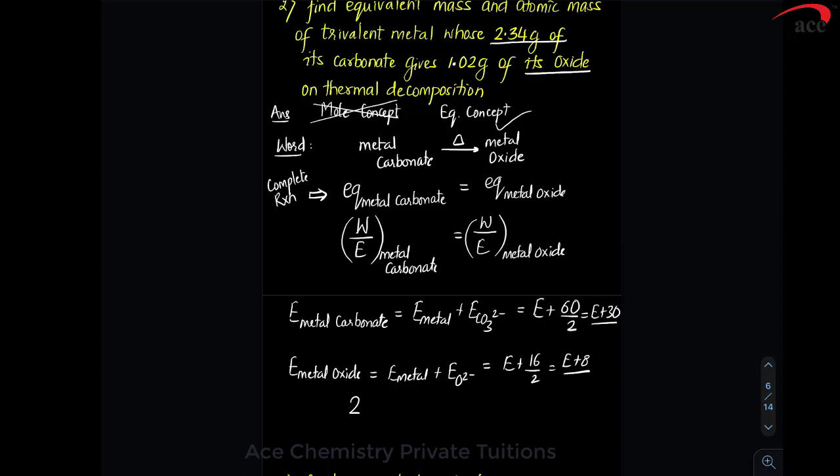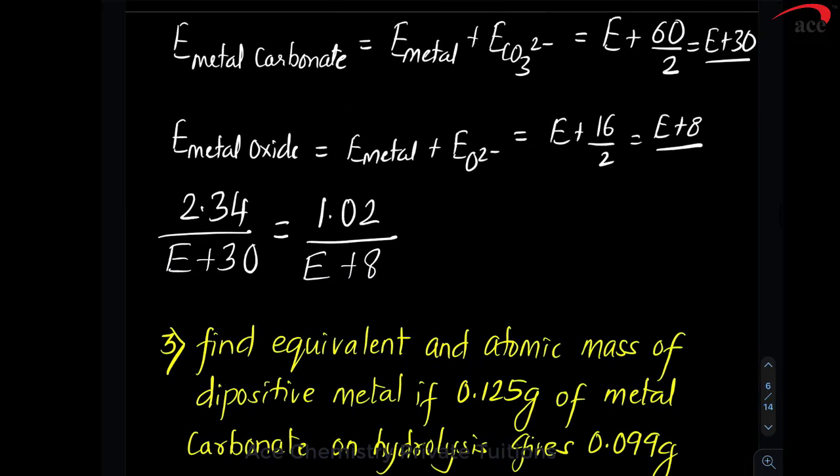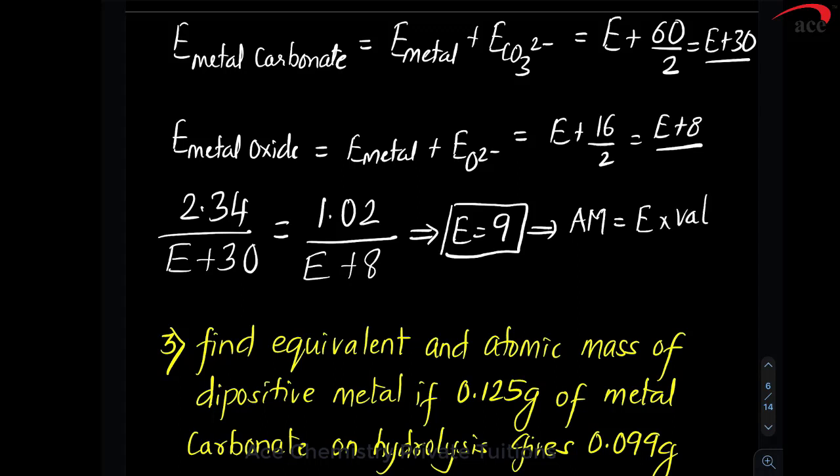Mass of metal carbonate, how much is given? 2.34. So, we write 2.34 divided by E plus 30 will be equal to 1.02 upon E plus 8. Then we solve. From this we get the E value as 9.